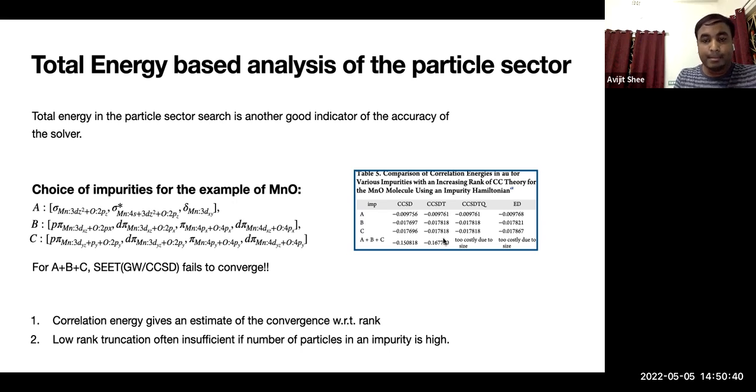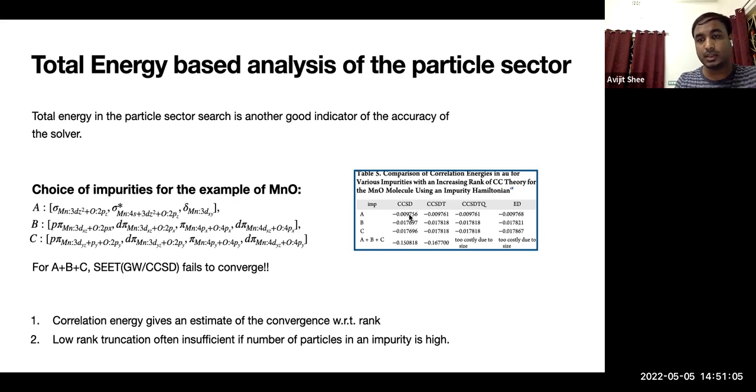Another point I want to make here is that this sort of convergence study can often give a prior indication of what rank we should stop at, whether CCSD is sufficient or not.